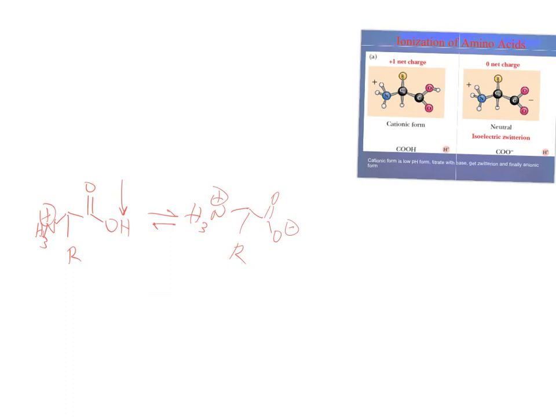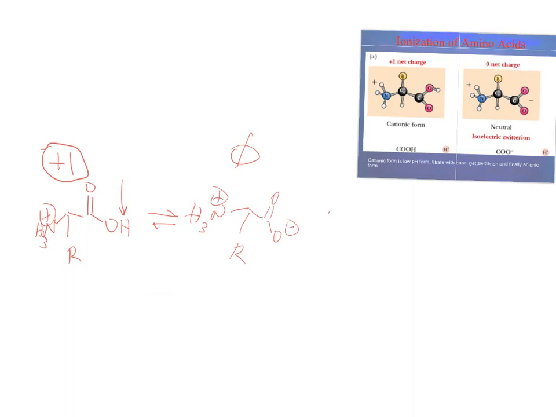So overall, on this first one, we had a +1 charge at least. Once again, some of the R groups could also be positively charged, but for the most generic, like glycine or alanine, it's going to have an overall +1 charge. Then it's going to have a neutral charge because we have a positive on the nitrogen and negative on the oxygen.